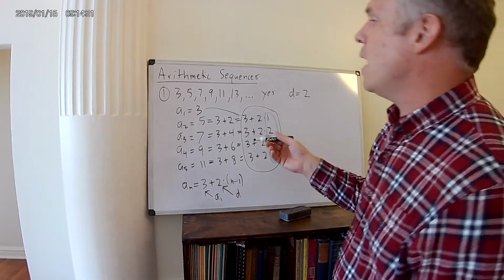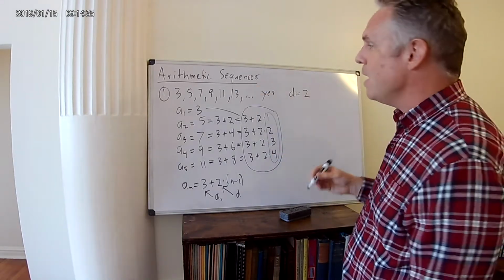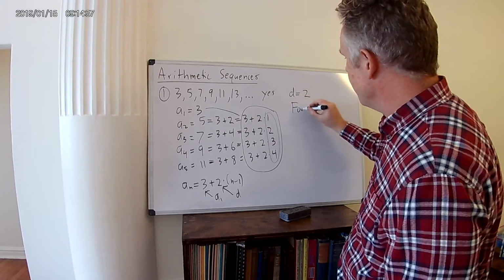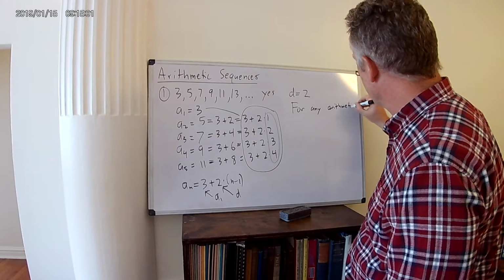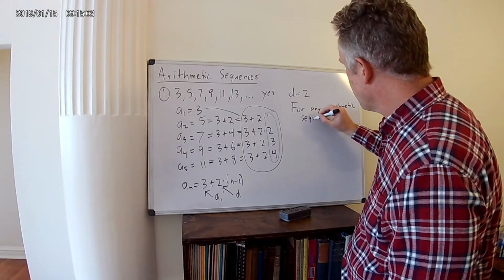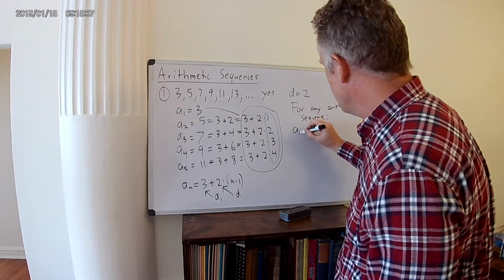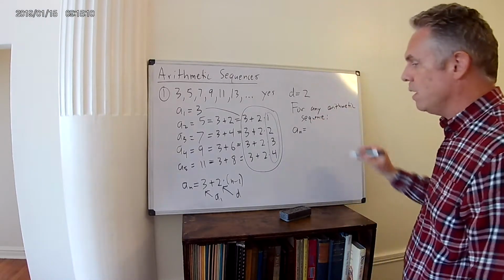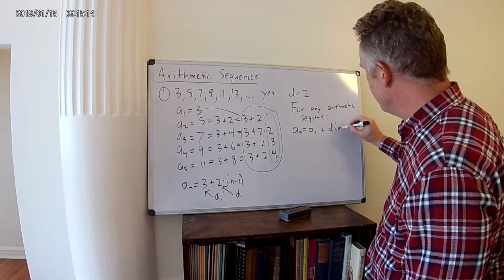But what I want to do now is write a formula that generalizes to any arithmetic sequence. So for any arithmetic sequence, the a sub n term can be written as a1 plus d times n minus 1.